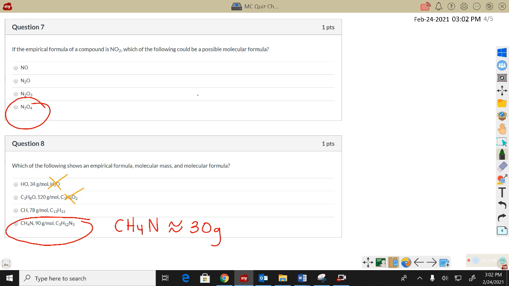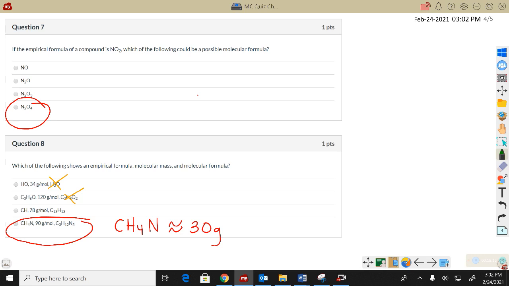So then I'm really down to just the last two. If I had a 1-to-1 ratio of carbon to hydrogen, then a molecular formula could be something like C13H13. But then if I calculate the mass, it's not 78 grams. So that leads me to my last choice.